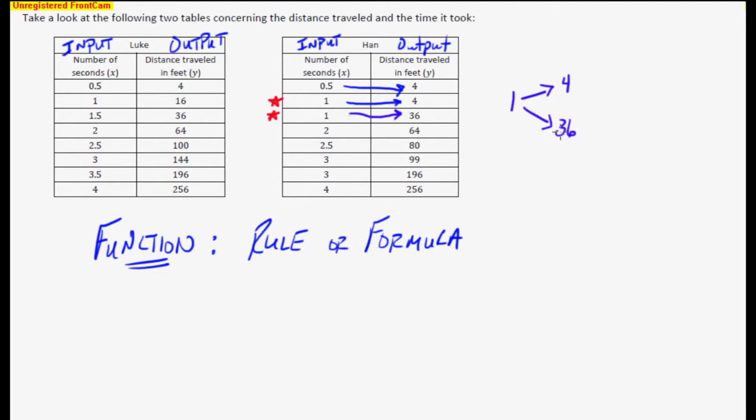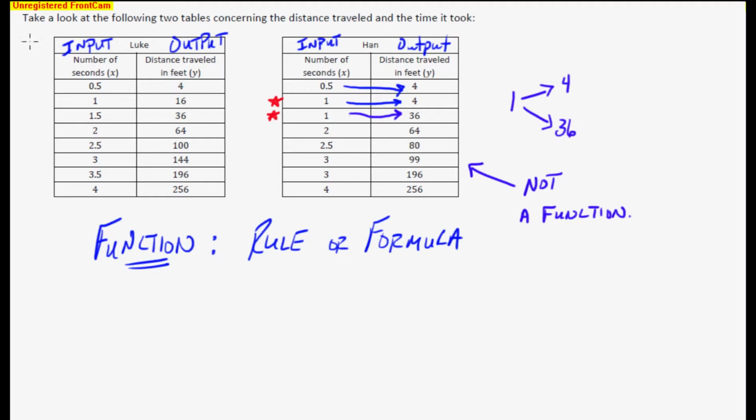Now, it doesn't mean it's a bad thing. It just means that this is not a function right here. Okay? So I'm going to label this one. You go ahead and do that too. This is not a function. Okay? And if a situation is a formula-based situation, then that is not going to happen.